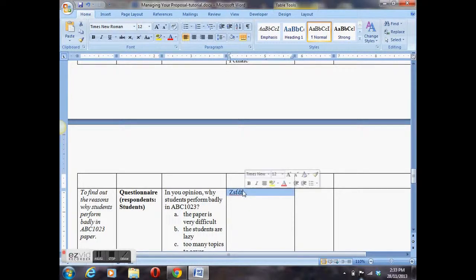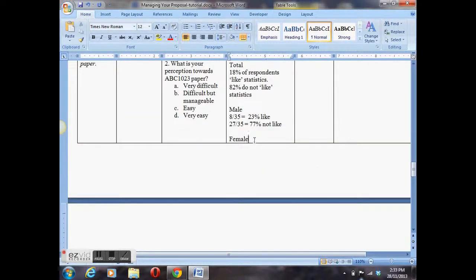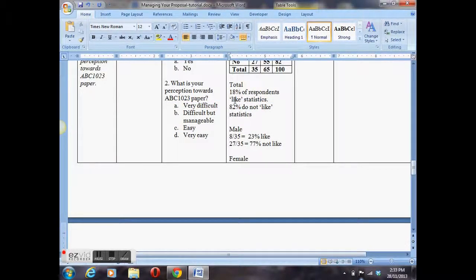So it is good that we can compare between male and female, or not only gender. Perhaps you want to compare between faculties, or between batches, or between people who previously were from matriculation centers and people from polytechnic.